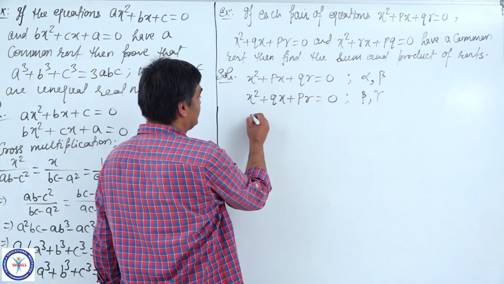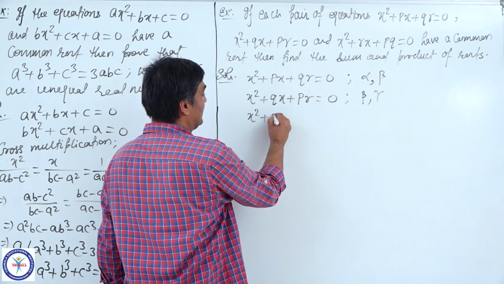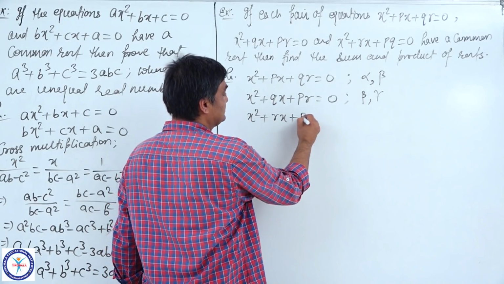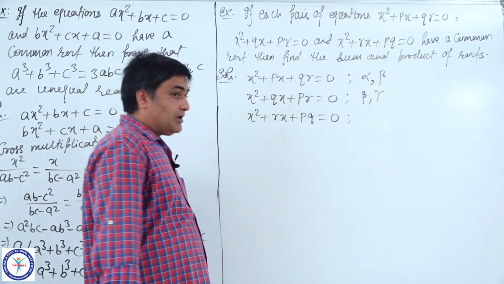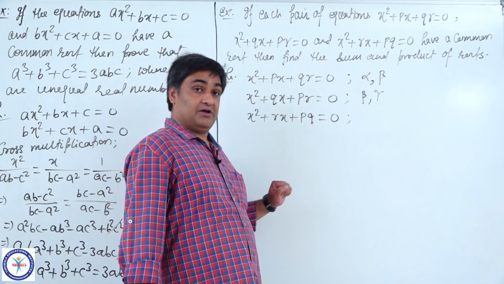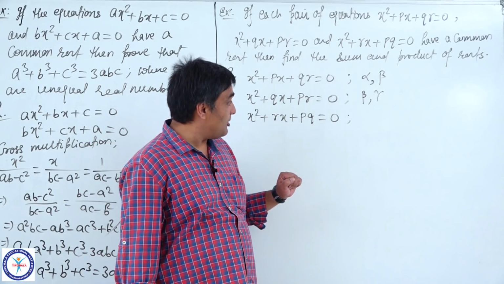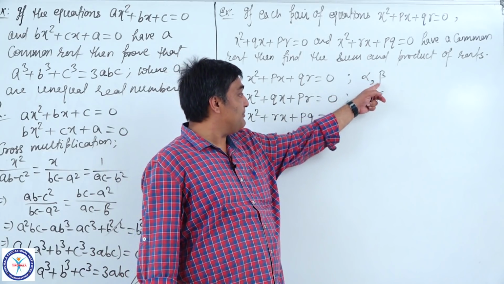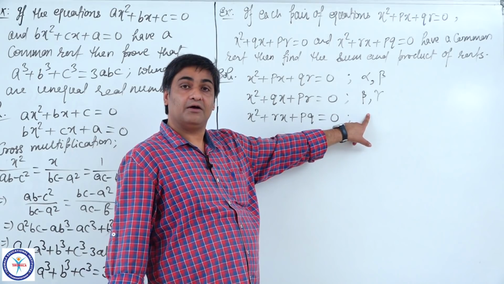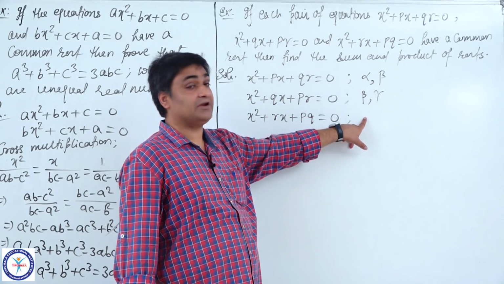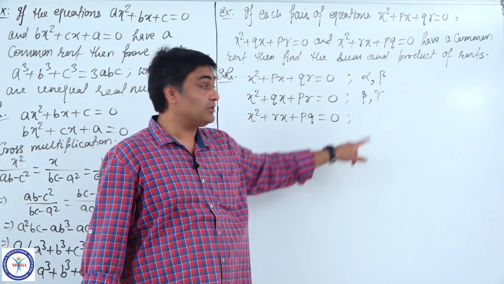Now, consider the third equation, x square plus rx plus pq equal to 0. Every pair has a common root. So, alpha beta, can the roots of this equation be beta? No, because then all the three equations would have beta as a root.